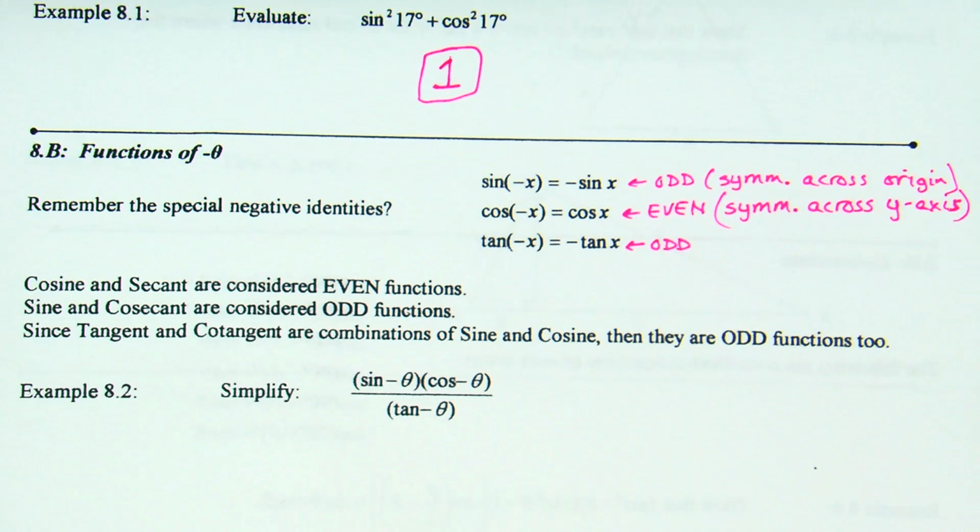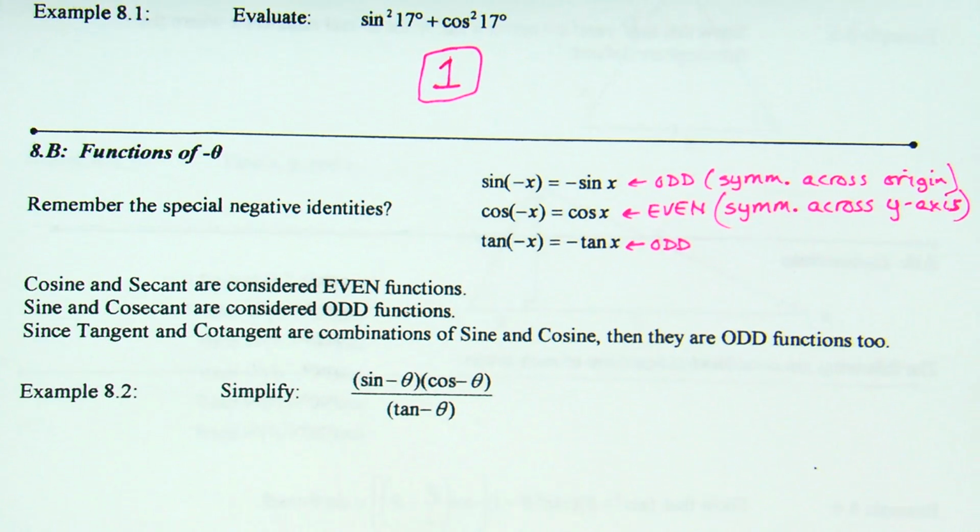When I say symmetric across the origin, it has a diagonal type symmetry. I almost think of it as you reflect it across both axes. If you take a quadrant, flip it across the x-axis and then flip it across the y-axis, that's symmetric across the origin. We can look at some graphs as we go.